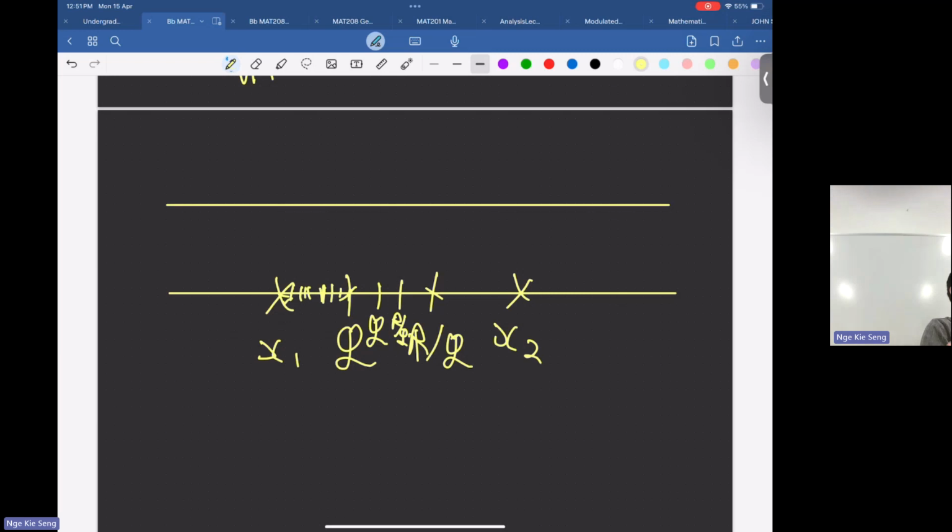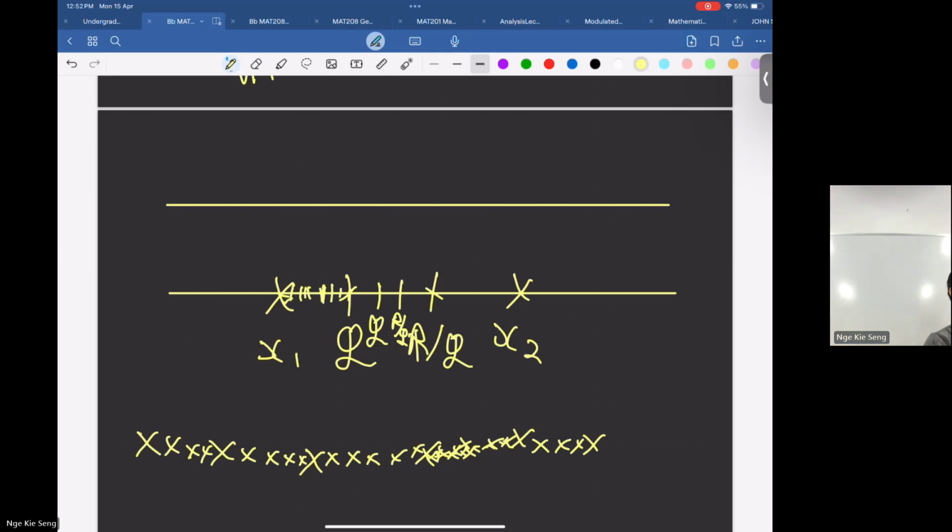Numbers should be discrete, right? Every number, there's a distance between them. But with this density here, we can fill the gap. We can keep filling the gap, until it is so close that these dots are almost together. You can't differentiate them without a microscope. Maybe a microscope also cannot see. You need an electron microscope.